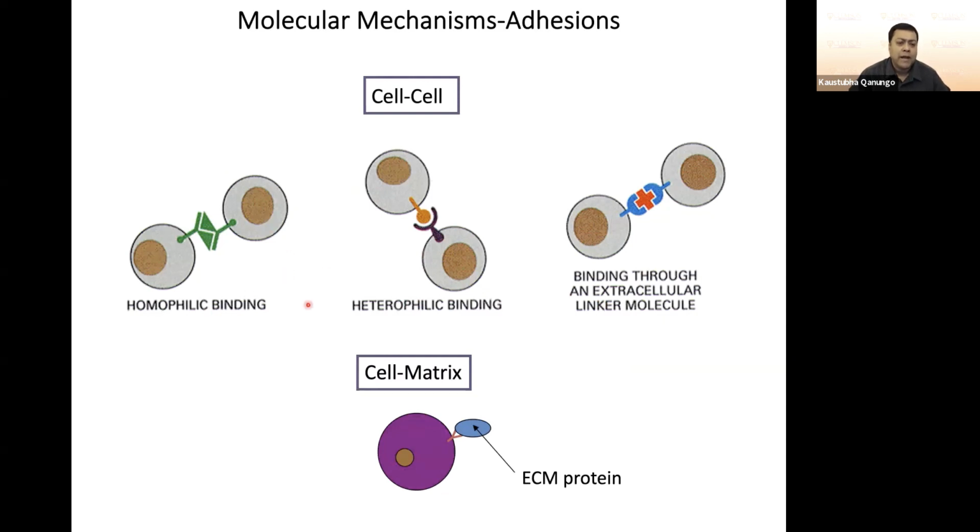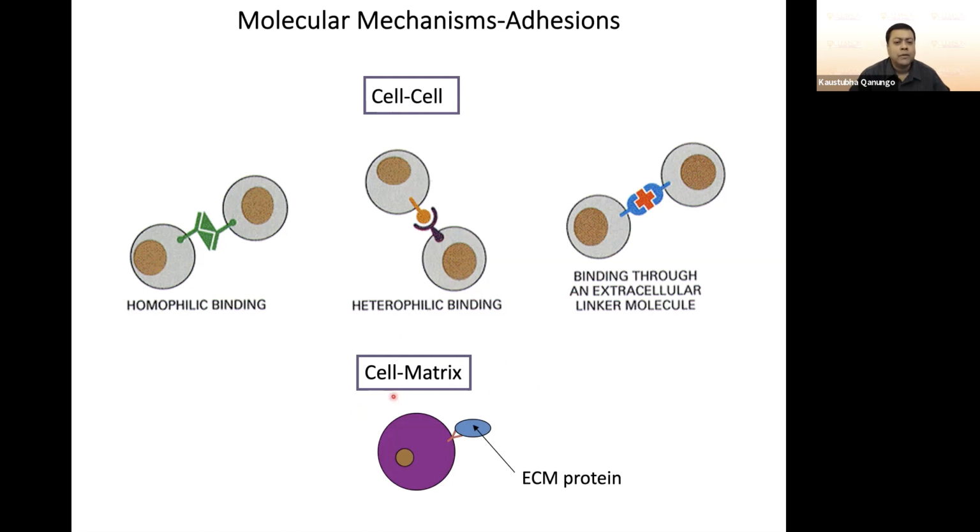Homophilic binding means that two adjacent cells, this could be any kind of cells, any tissues, if both of the junctions are the same, it is called homophilic binding. On the other hand, if the cell adhesion molecules in one cell are different from the other, they are different types, it will be called heterophilic binding.